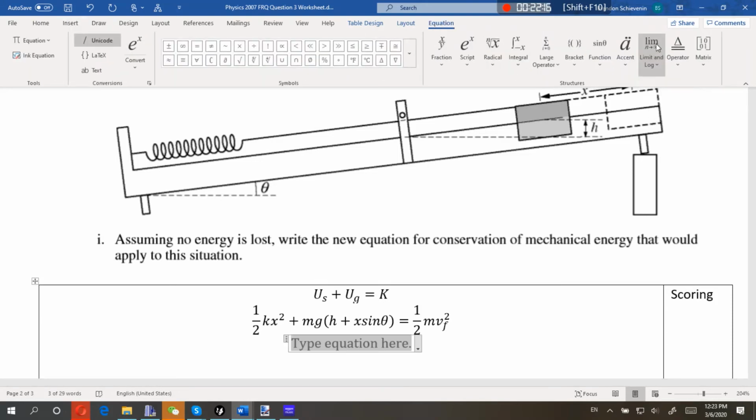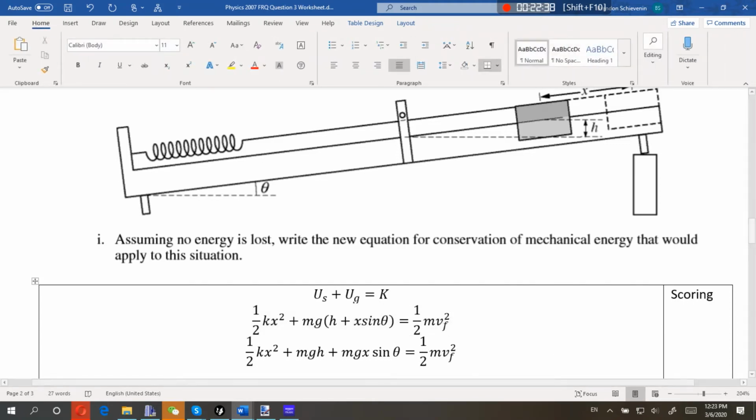So kx squared plus mgh plus mgx sine theta equals 1/2 mv final squared. Okay, any questions on that one? Nope. Okay.